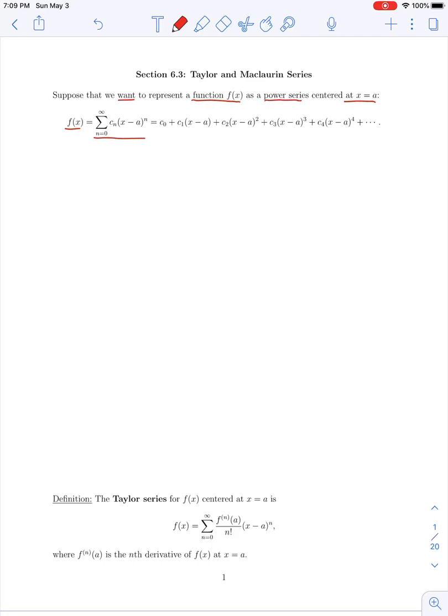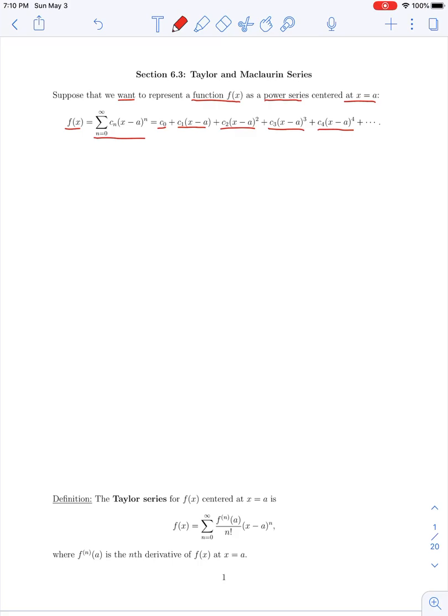So something of the form, the series from n equals 0 to infinity of c sub n times x minus a to the nth, since we're centered at a. Or if we were to write this out, we would have c naught plus c1 times x minus a to the first, plus c2 times x minus a squared, plus c3 times x minus a cubed, c4 x minus a to the fourth, and so on.